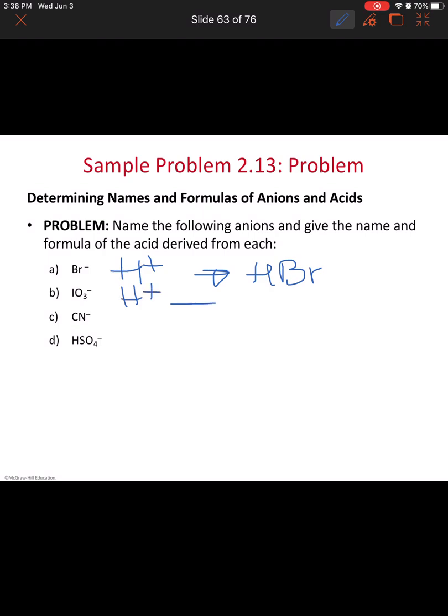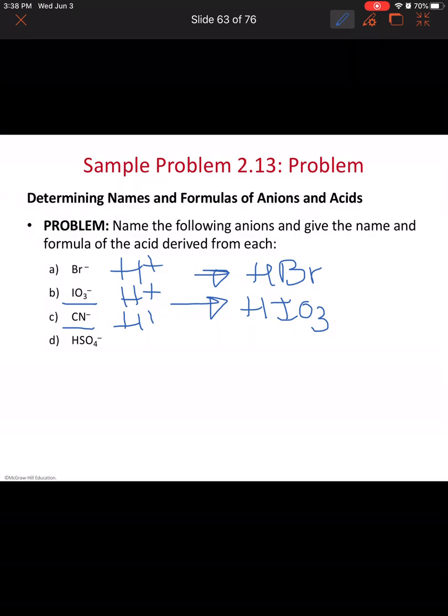Then you add H plus to this one. What is the name of this ion? It has three oxygens, so that is iodate. If you had four oxygens, that would be periodate. Remember, ate ends in ic, so it becomes HIO3, iodic acid. Then this is cyanide.